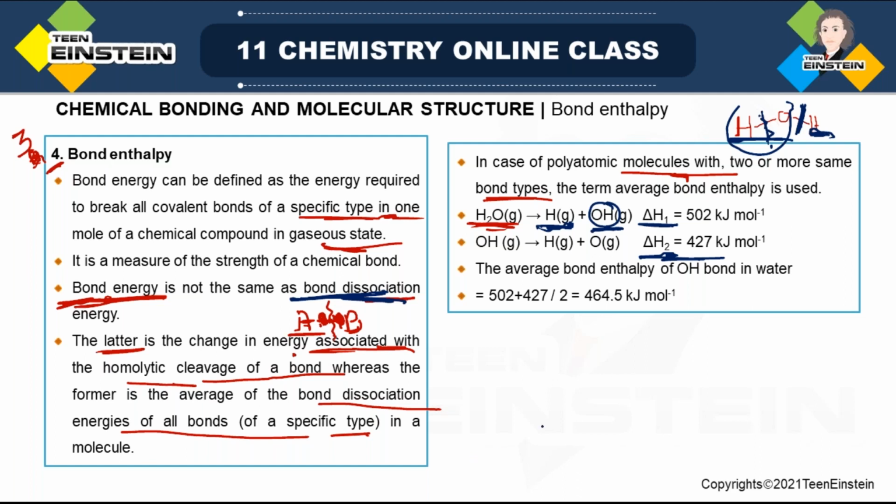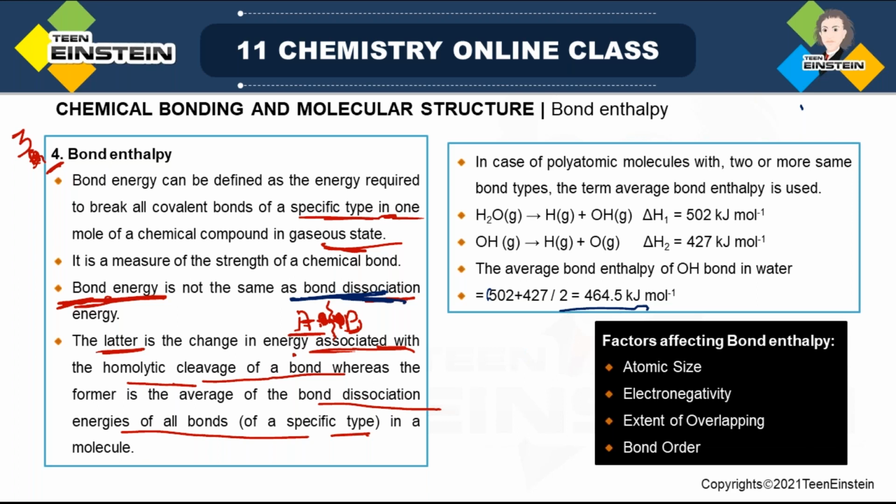And when you take the average of these two, that is, the summation of 502 and 427 divided by 2, the value you get is 464.5 kilojoule per mole. So this is the value of bond enthalpy. I hope now it is clear what the difference is between bond enthalpy and bond dissociation energy.